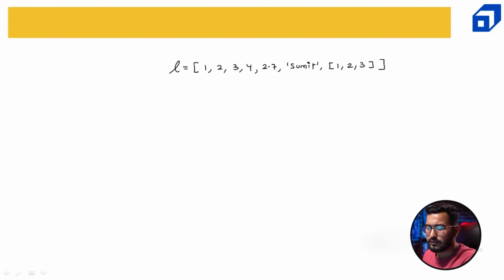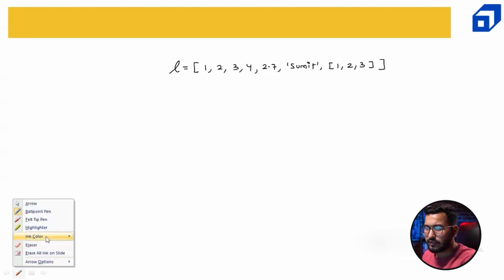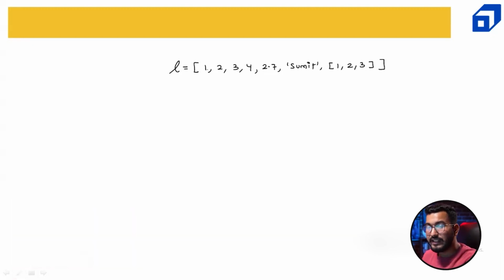Now here each data point is known as an element. Each data point in a list, or in any data object, is known as an element.